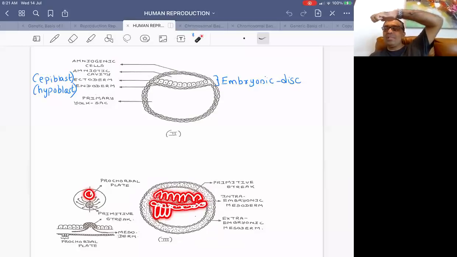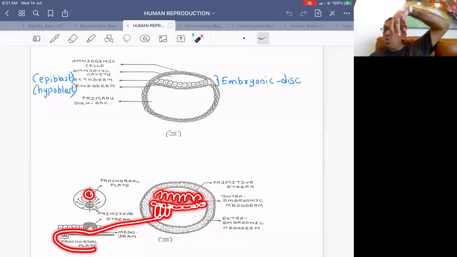Flat endoderm cells columnar हो जाते हैं, and that area is called as the procordal plate. तो ये procordal plate बन गई.